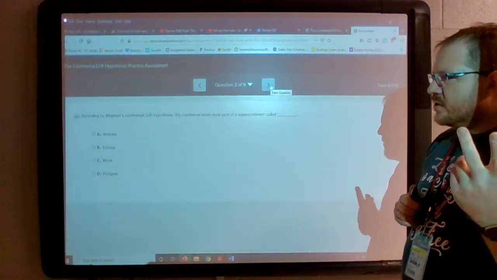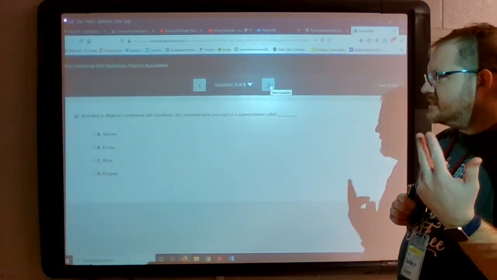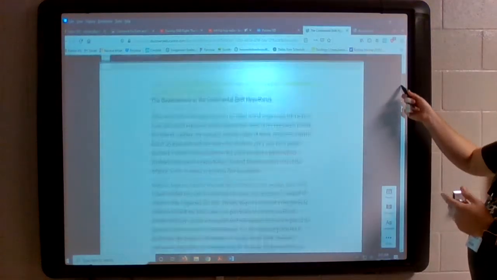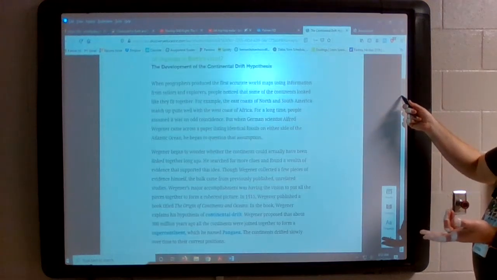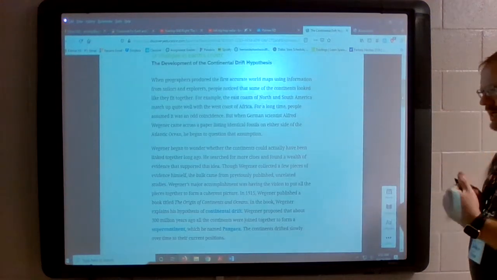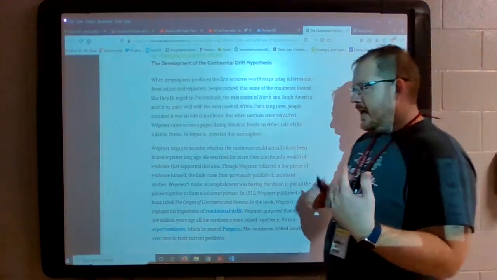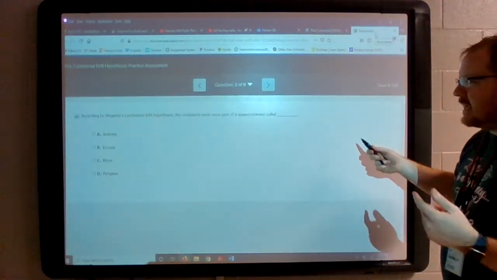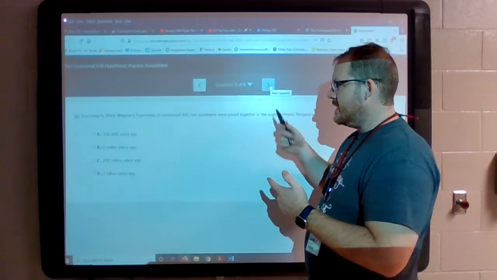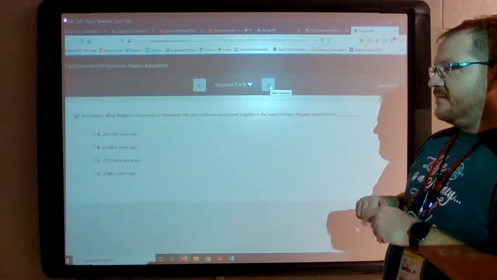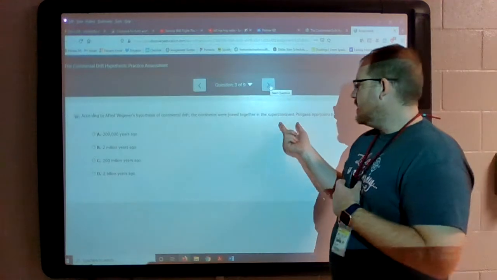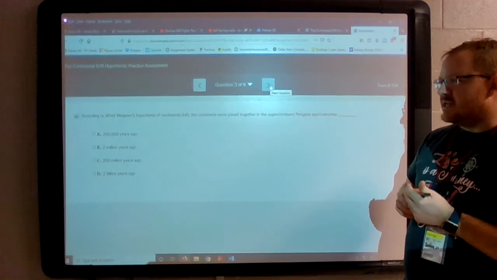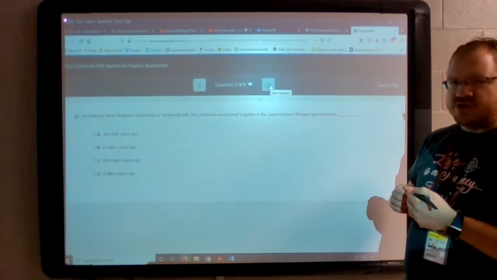Number 2, according to Wegener's continental drift hypothesis, the continents were once part of a supercontinent called what? And so that is in this very first section here, right at the top of the page. In this first section, he talks about the supercontinent, what the name of it was, and also how long ago it was a thing and when they think it started to break up. So not only do you get the name of the supercontinent, but on the very next question, they ask you about approximately what time frame the continents were joined together and were part of that supercontinent.